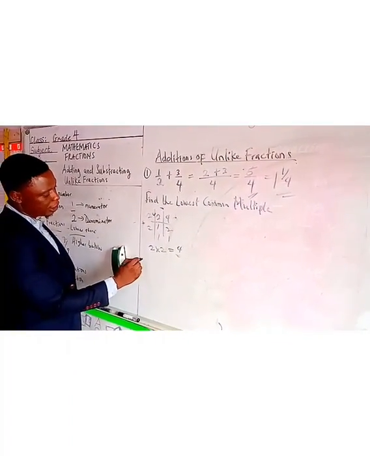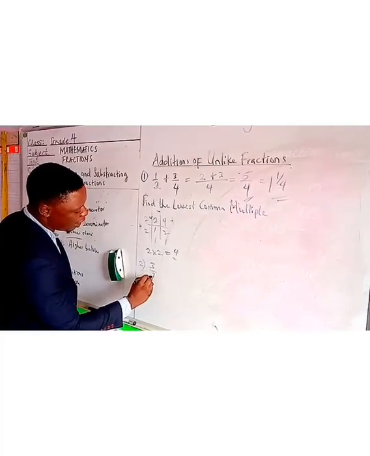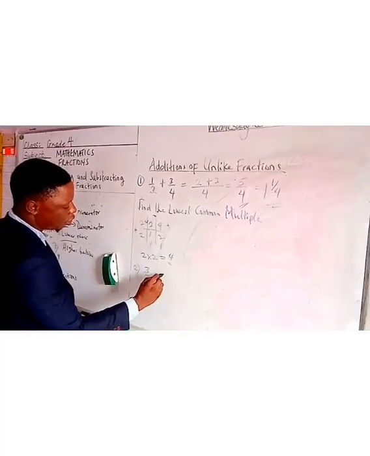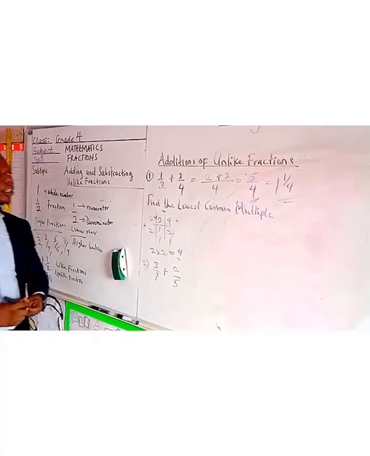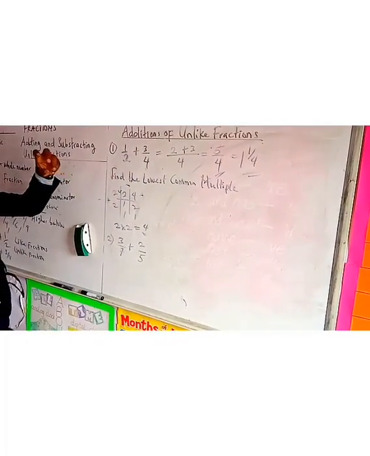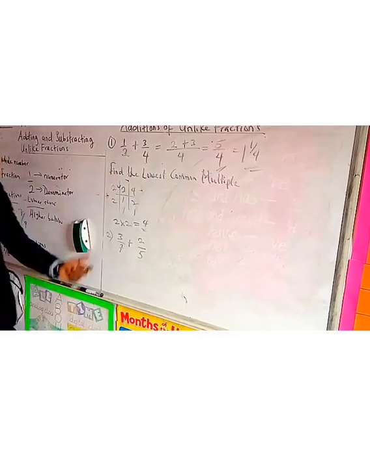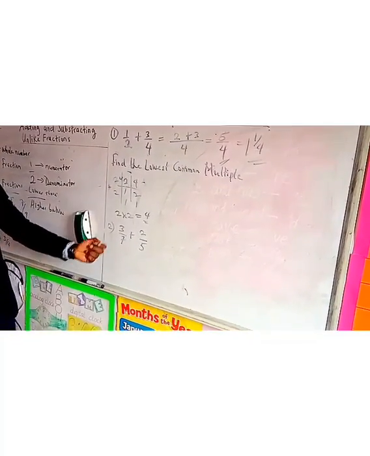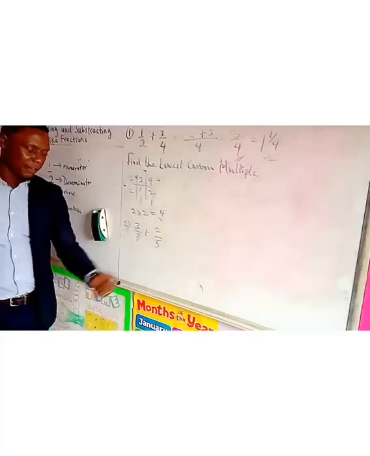Let's go to the second example. We have 3 over 7 plus 2 over 5. Earlier, we had 2 and 4. Even at a glance, we can detect that it is easy to just choose 4 there. But we have to find the lowest common multiple of the denominators, that is 7 and 5.